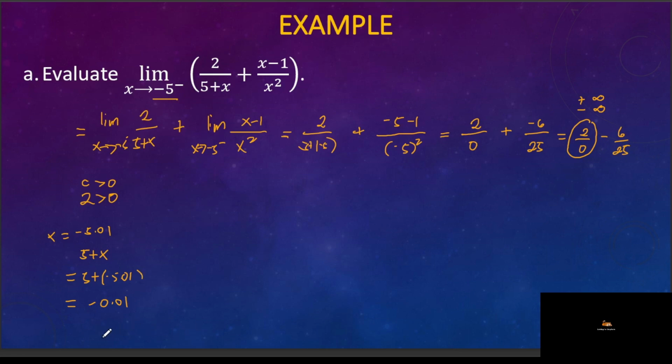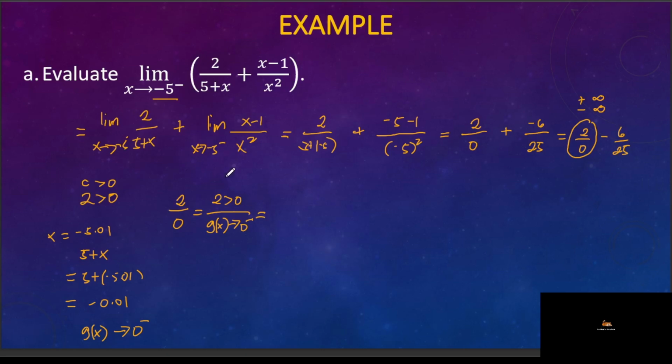So meaning our g of x approaches 0 from the left side. Therefore, our 2 over 0, wherein 2 is greater than 0, and our g of x approaches 0 from the left.